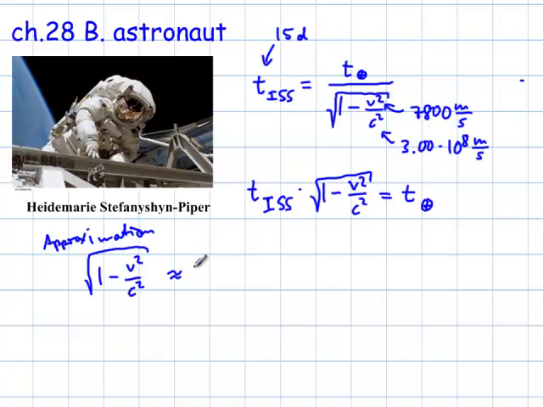That one is virtually the same as 1 minus, it says in the hint, 1/2 v squared over c squared for the velocity much less than c. If I plug this onto the calculator, I really just come up with 1 again, because that difference is so tiny. So what I do instead is just do this part back here.